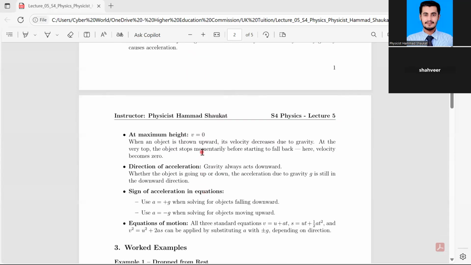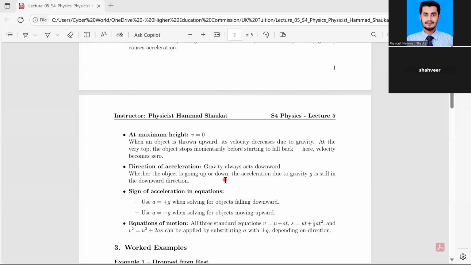Then we will discuss the direction of acceleration. You know that gravity always acts downward, whether the object is going up or going down. If you move an object downward, it will move downward with speed. And if you move an object upward, again your object will undergo the action of gravity. Gravity always pulls your object downward.